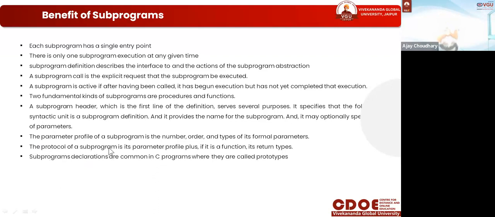So if we use subprograms, there is some procedure for that subprogram. The parameter profile plus the function's return type are defined in it. Subprogram declarations are common in C programs, where they are called prototypes.